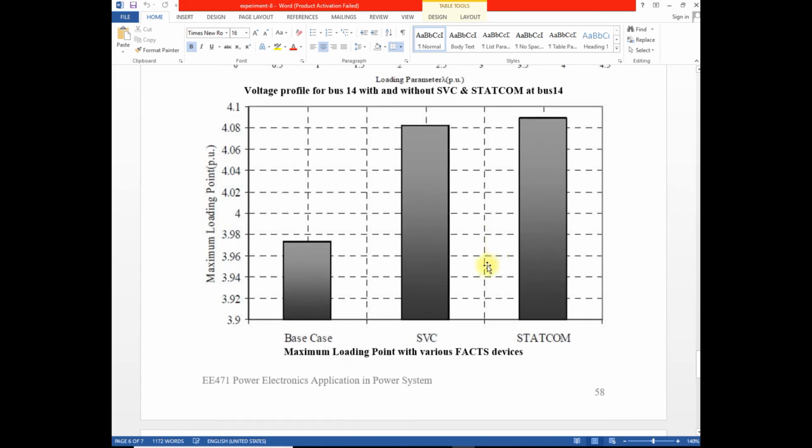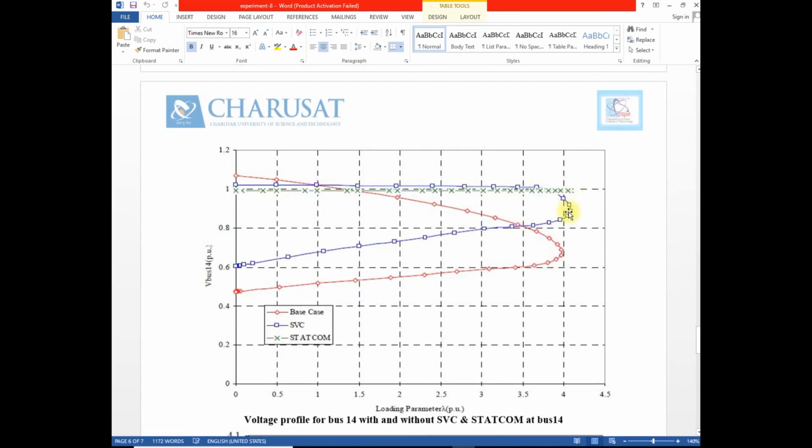Now in the same way you can see the maximum loading point provided by the FACTS devices, SVC and STATCOM. For the base case, the maximum loading is up to 3.97 per unit, and with SVC the maximum loading is 4.08. After that your system goes into unstable mode.